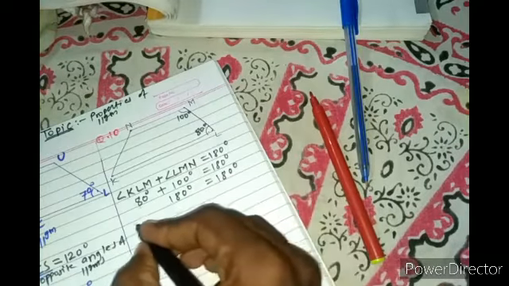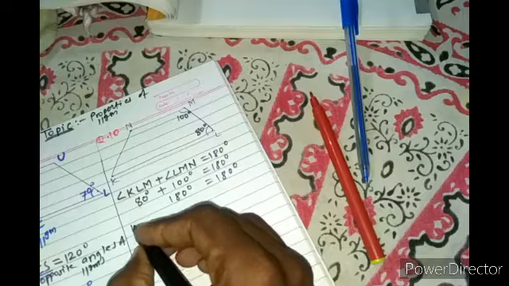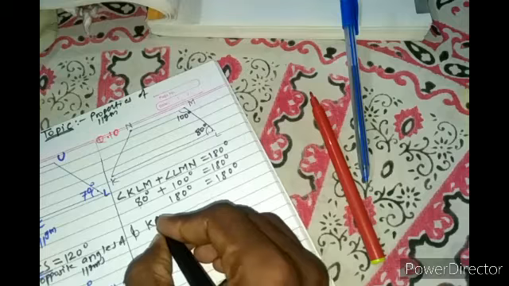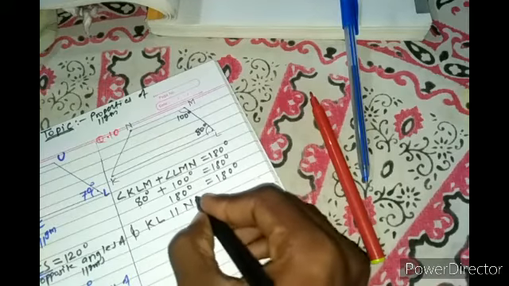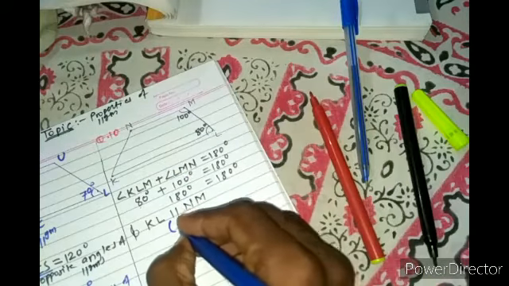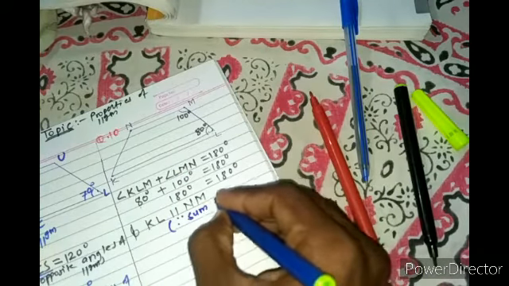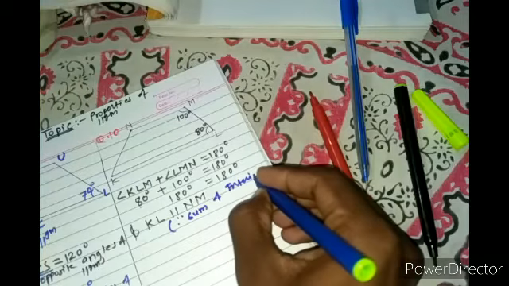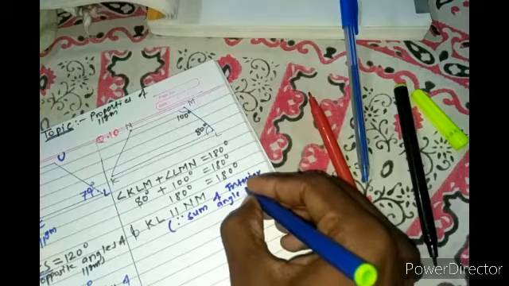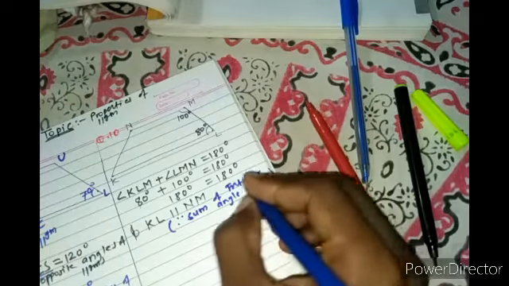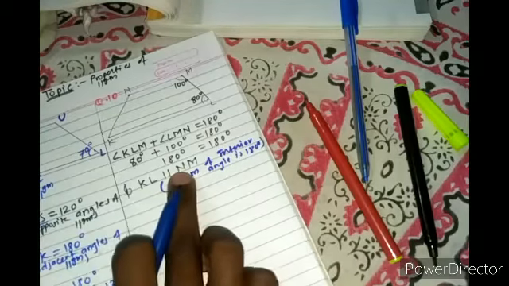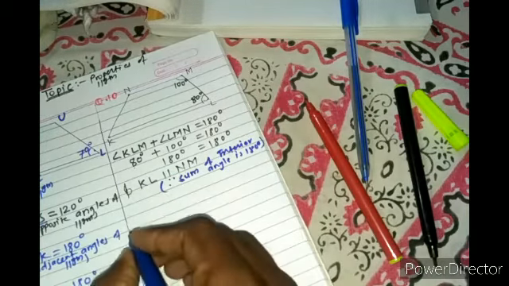Hence we can say that KL is parallel to NM. Why? Because the sum of interior angles is 180 degrees, and from this we can say that this pair is parallel, then we can say that this is a trapezium.